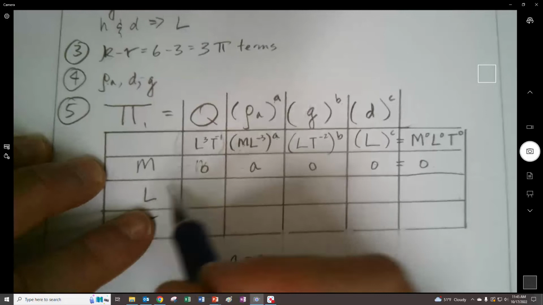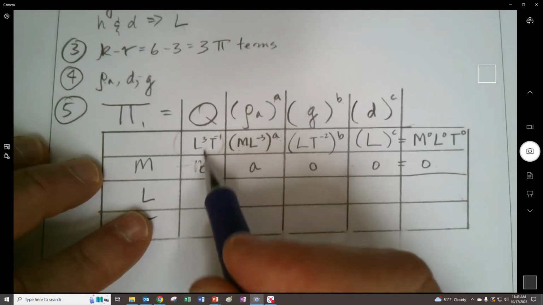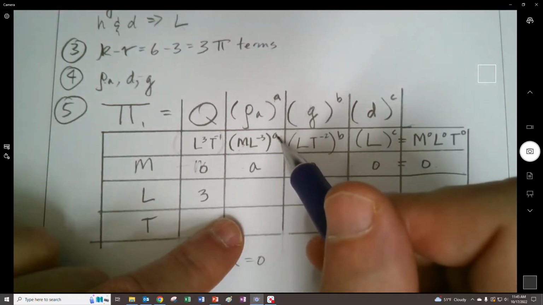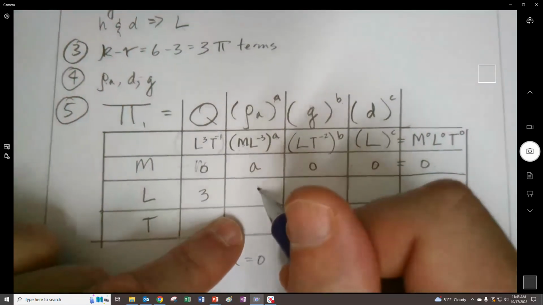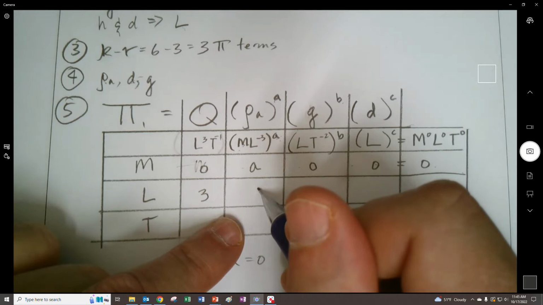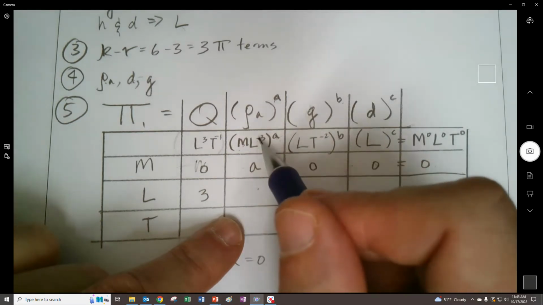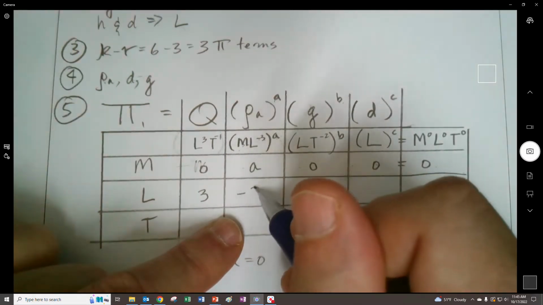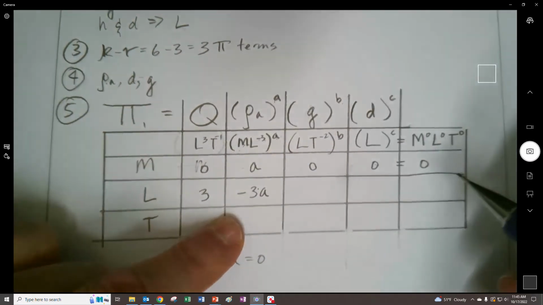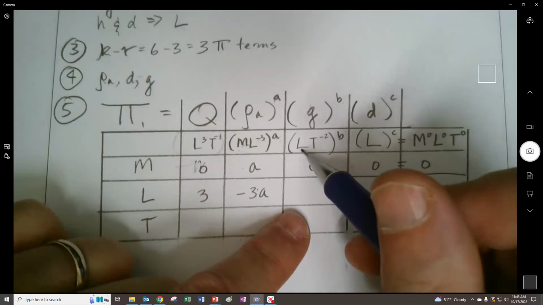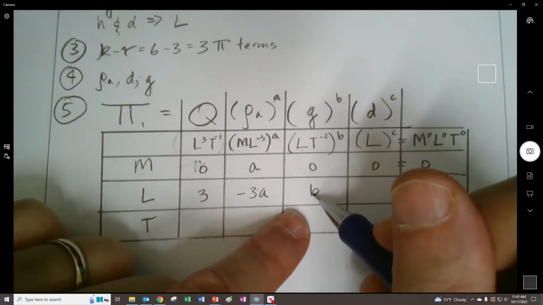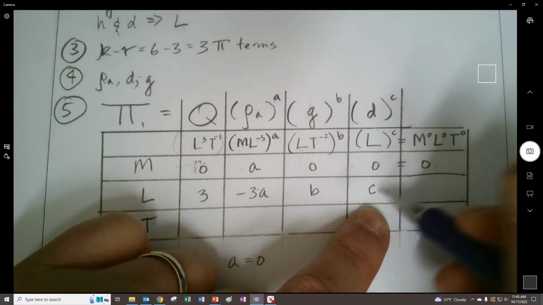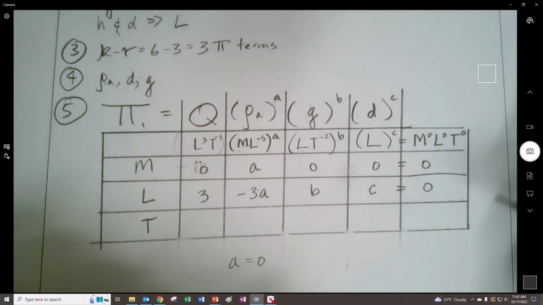We'll try the L now. All right, so now we're actually working with something here. We've got 3. Now we take M to the A, so there's going to be a negative 3A right there, right? And negative 3A. And then we're going to have it to the B, and we're going to have it to the C. That's going to be equal to 0, right?